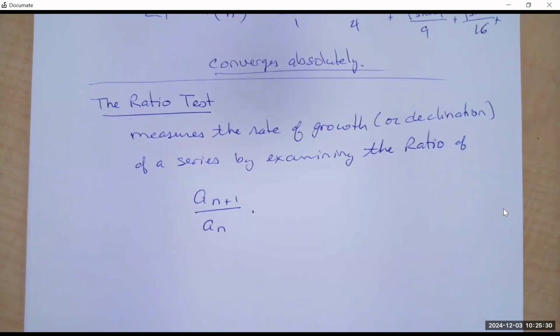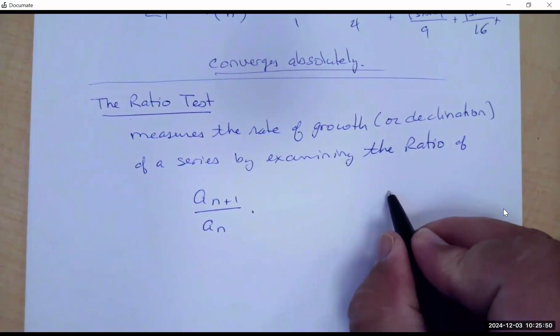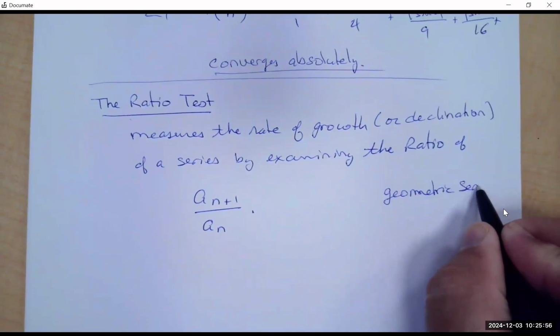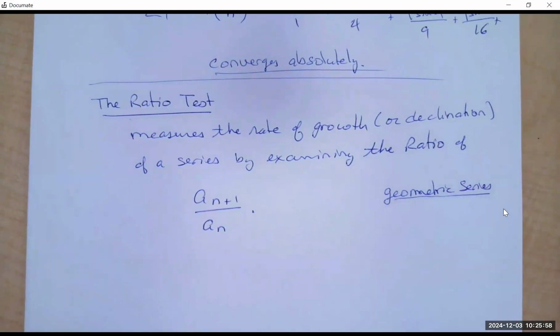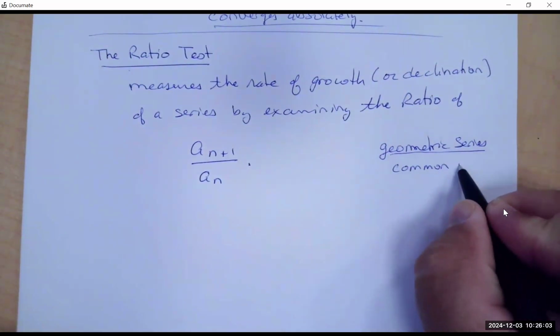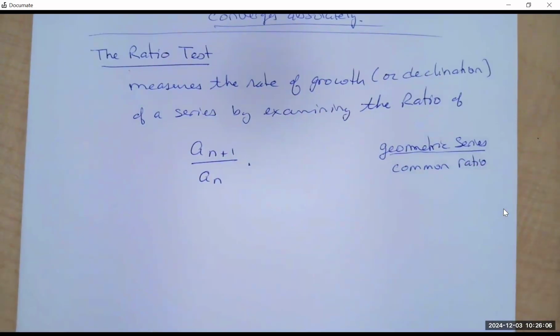What does a sub n plus 1 over a sub n mean? Have we seen that before? When? Where? You can't just say yes, you have to tell me where. When is that system used? It's used in a geometric series. Geometric series have a common ratio.